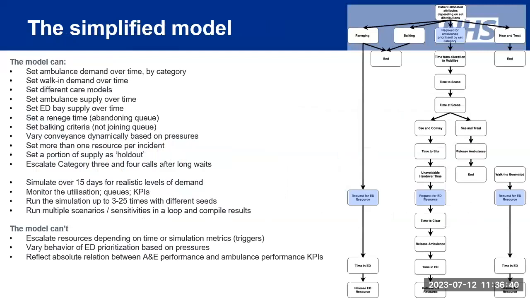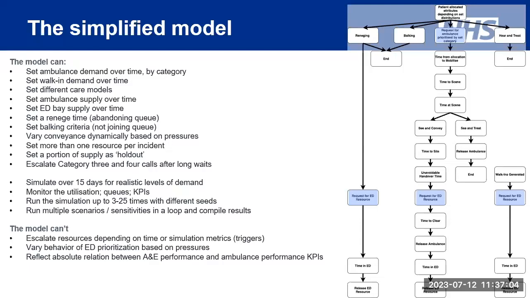So this is the model we got to. In some ways, what's on the right-hand side is similar to the other graph that was horizontal. Focusing on the branch in the middle, we have a certain amount of demand that has a certain category and care model. Those will then try to request an ambulance, that's the top item in blue. Then there'll be some time to mobilize, travel to scene, and time at scene.